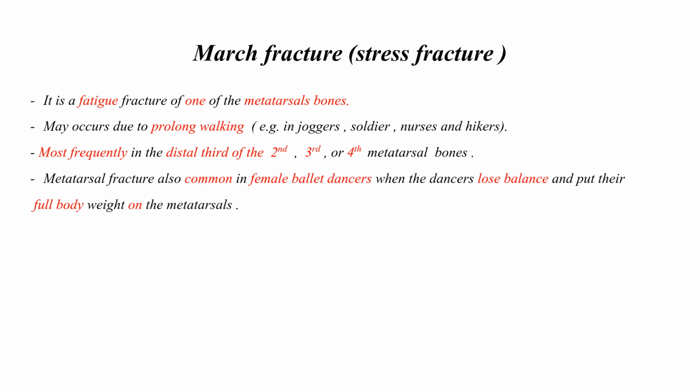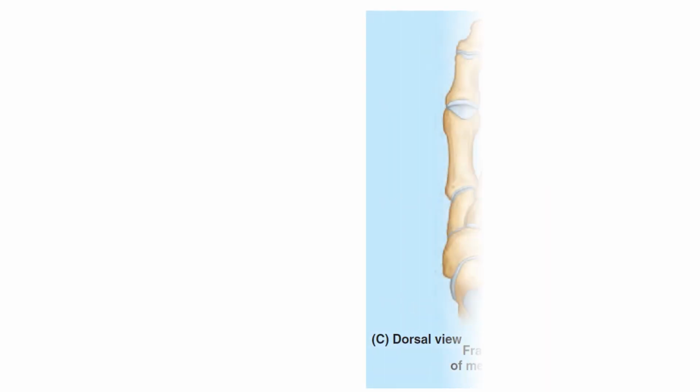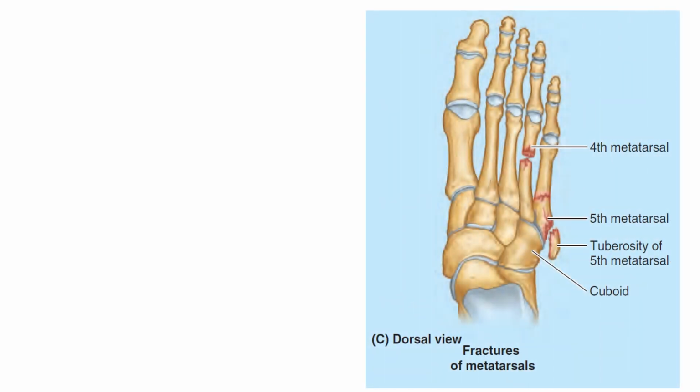The metatarsal fracture is also common in female ballet dancers when the dancers lose balance and put their full body weight on the metatarsal bones. This is the dorsal aspect of the bones of the right foot. Those are the metatarsal bones. Distally, those are the phalanges, and proximally here, those are the tarsal bones.